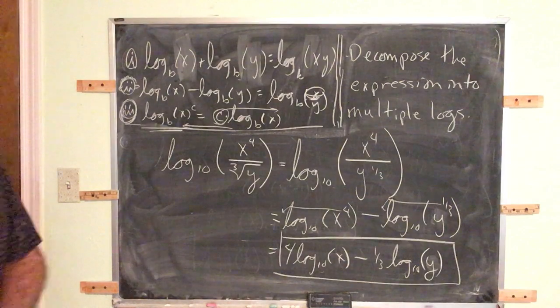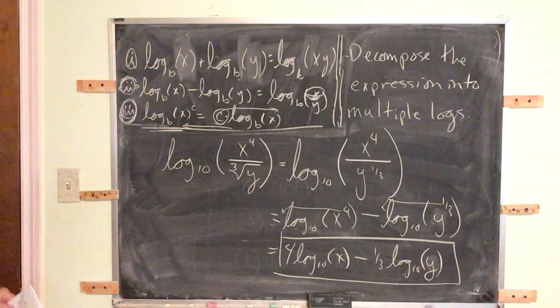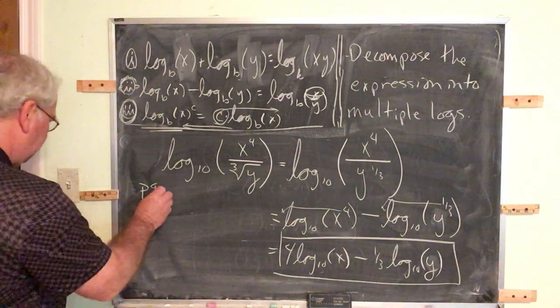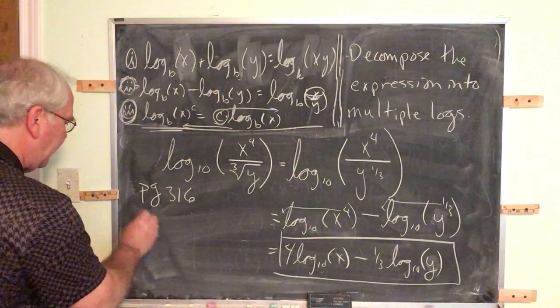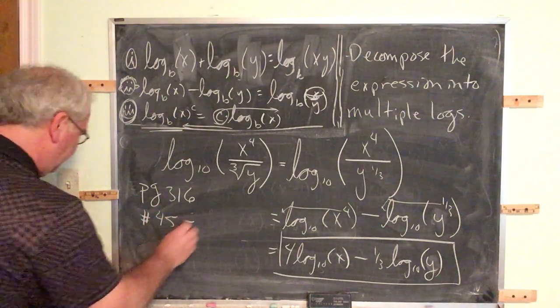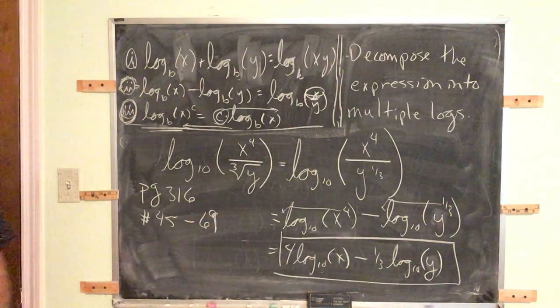After viewing this sequence of videos of applying the properties of logarithms, you should now be able to work on page 316. You should be able to handle items number 45 through number 69. At the very least, you should be able to do the odd numbered problems.